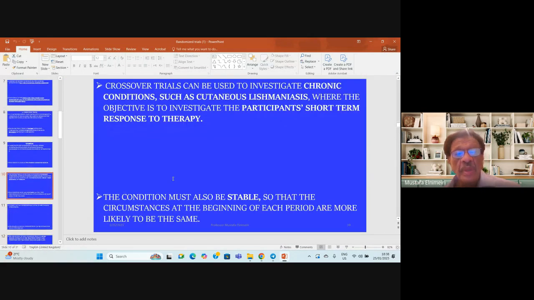And here, the crossover trials can be used to investigate, for example, chronic conditions such as cutaneous leishmaniasis, where the objective is to investigate the participants' short-term response to therapy. And the condition must also be stable, so that we can ensure at least the basic circumstances when we start our trial are the same for both groups.